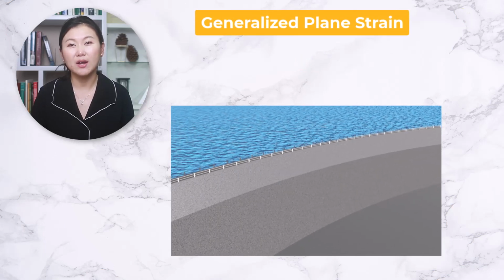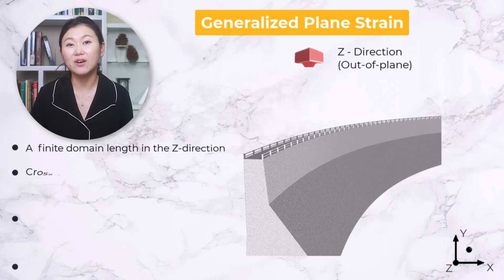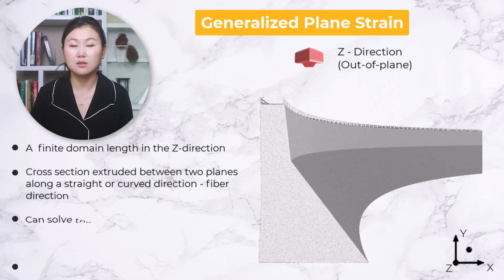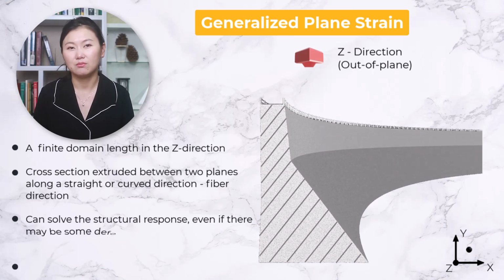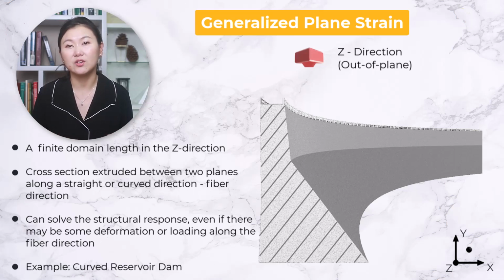There's also generalized plane strain analysis. For this analysis, we assume to have a finite domain length in the z direction, whereas for standard plane strain, it is assumed to be an infinite value. Imagine the cross-section extruded from a starting plane to an ending plane along a straight or curved direction, which we call the fiber direction.